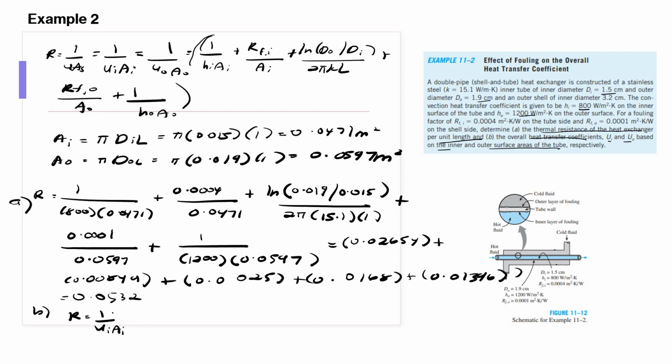So we calculate Ui first, rearranging this formula, Ui is equal to 1 over R Ai. The unit of R is degree C per watt. Just substitute this value and the Ai value, and for Ui you will get 399.